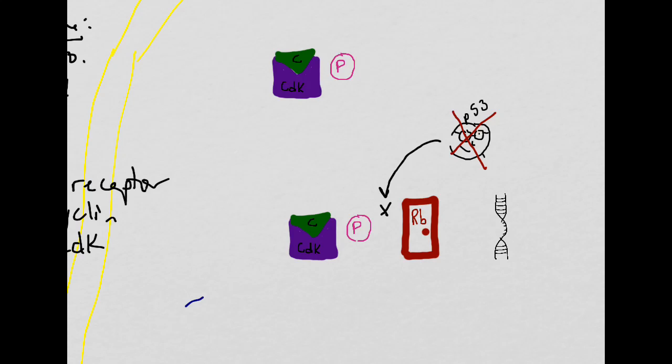If he doesn't work properly, he can't get in here to block phosphorylation, and the next thing you know, we're copying bad DNA. There you go. So now we've replicated damaged DNA.